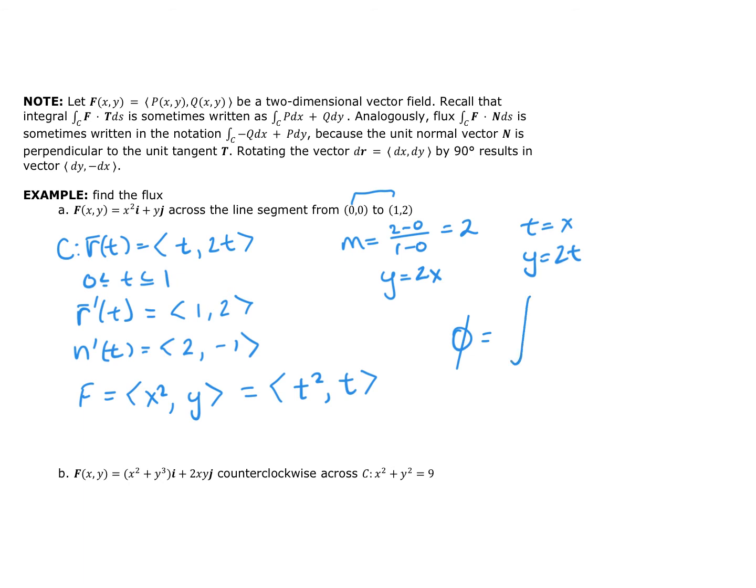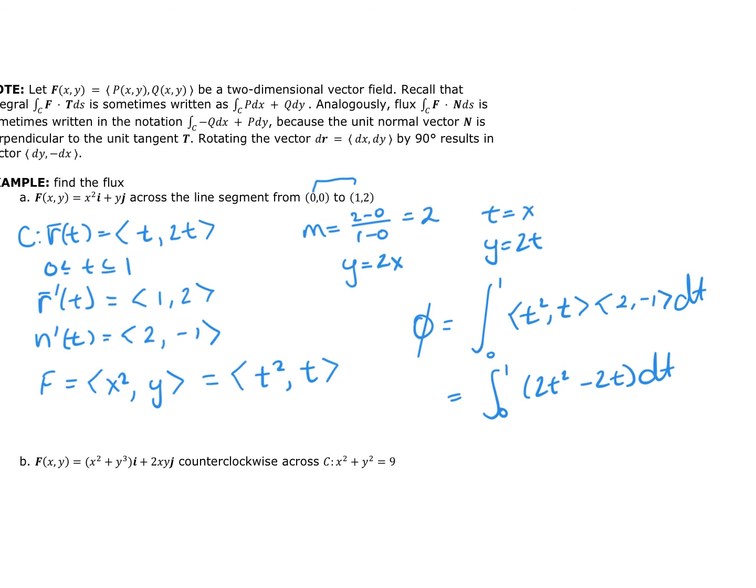And so I'm going to integrate for t from 0 to 1 of my vector field in terms of t, which is t squared and t, dotted with the 2, negative 1, that's my normal vector, with respect to t. When I do this, I'm going to get 2t squared minus 2t dt.